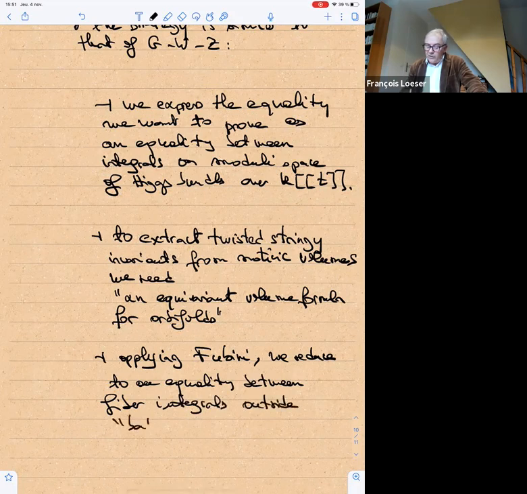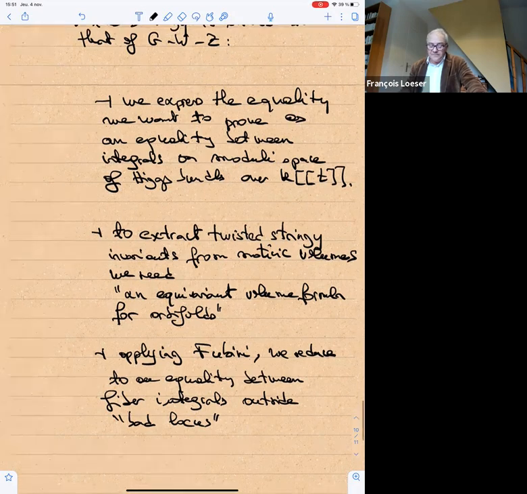Of course, the bad locus should be small enough to ensure that its corresponding volume is zero.